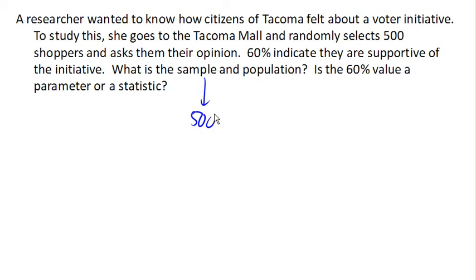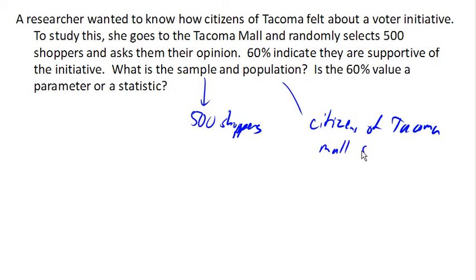The population, ideally, is citizens of Tacoma, but more realistically, it's probably mall shoppers, which may not be representative of all of the population. The 60% value came from our sample, and so it is a statistic, not a parameter, because that value comes from the sample.